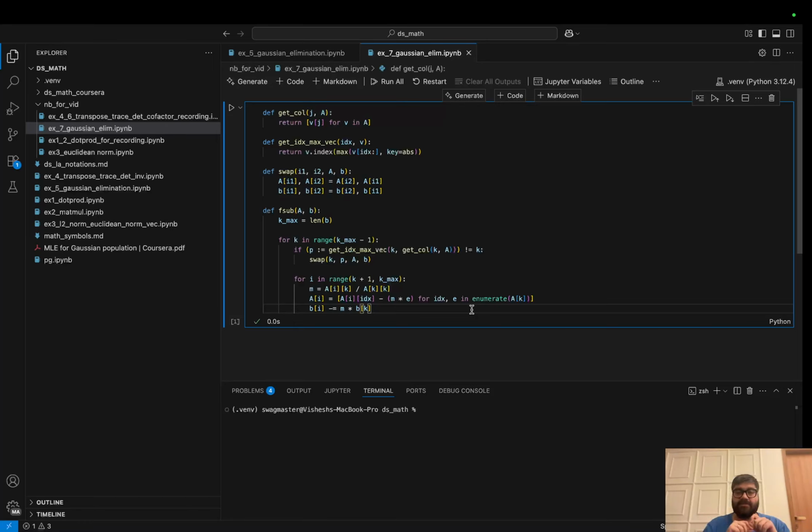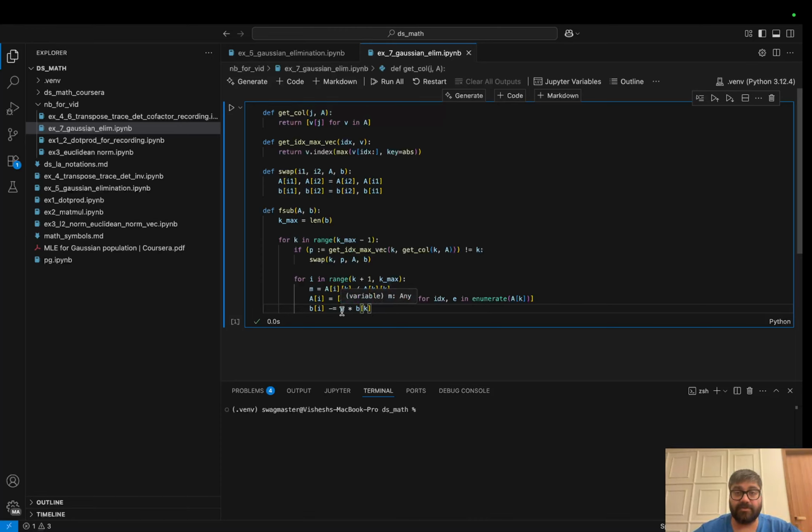We multiplied each of those by the multiplier, which is the element in the current row just below the pivot, divided by the chosen pivot itself, times that element, and we take that away from the element in A_i, right?